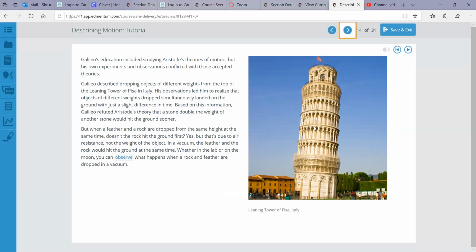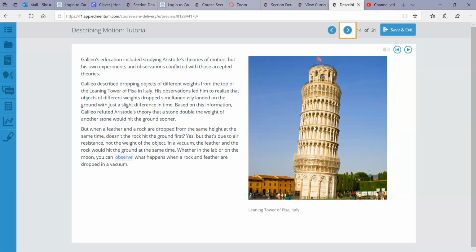His education included studying Aristotle's theories of motion, but with his own experiments and observations, he began to question whether those were actually legitimate claims or not.